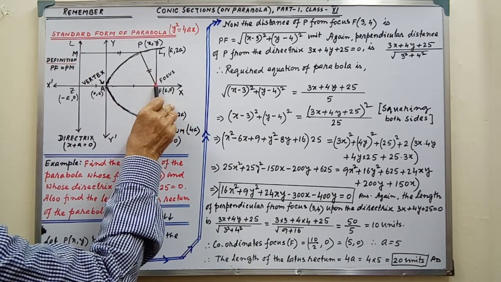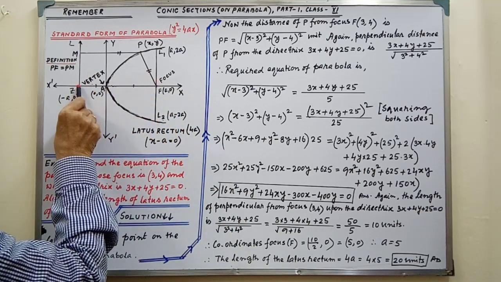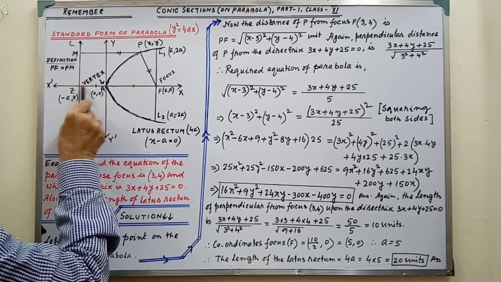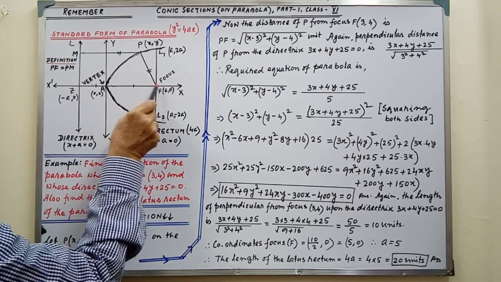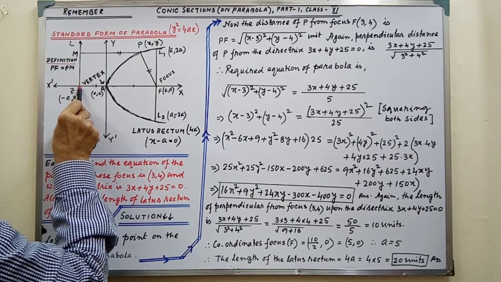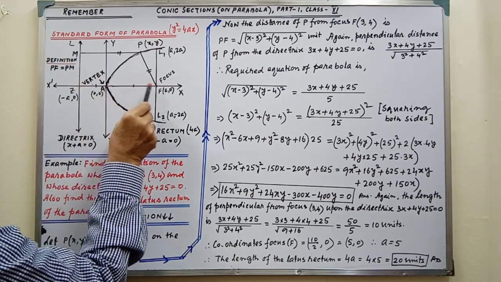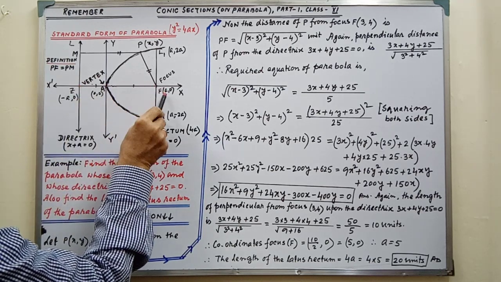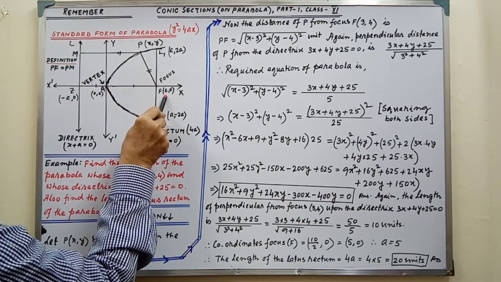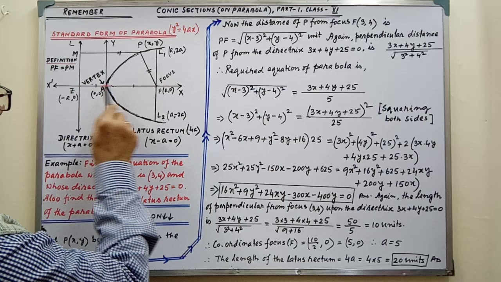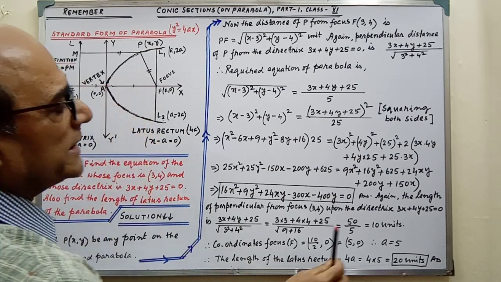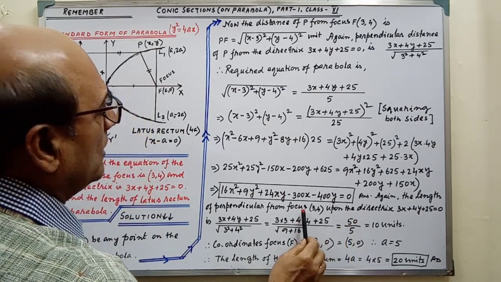The focus is given and directrix is given. We have to find this length, focus to directrix, and half of this length will be the value of a.